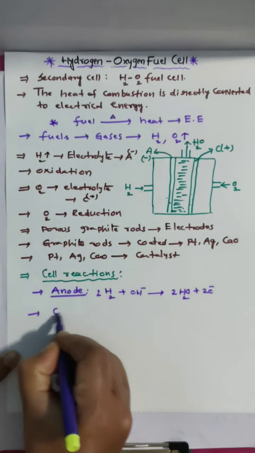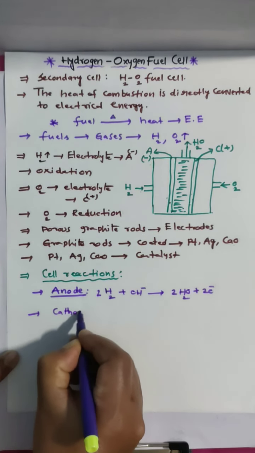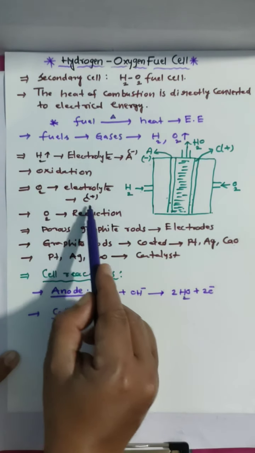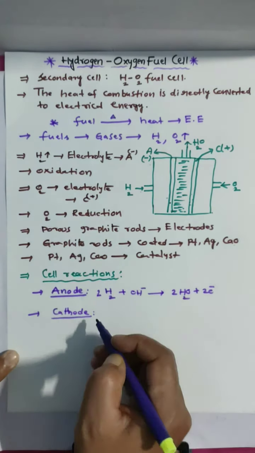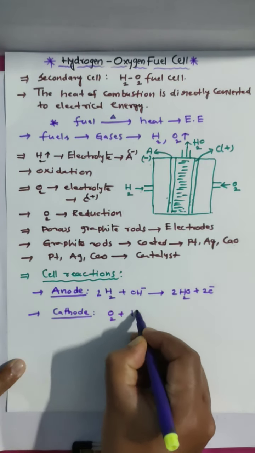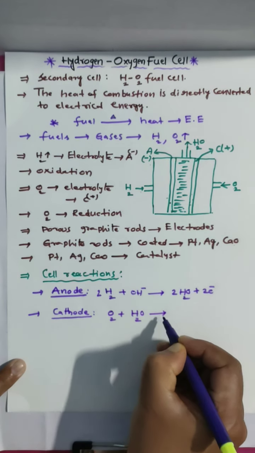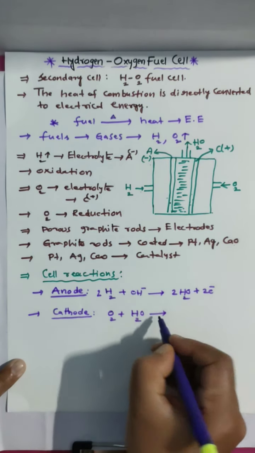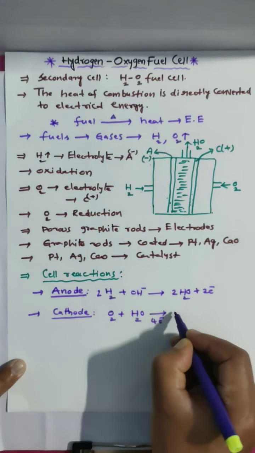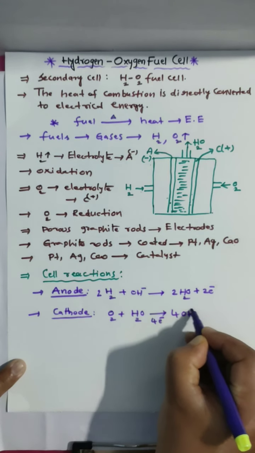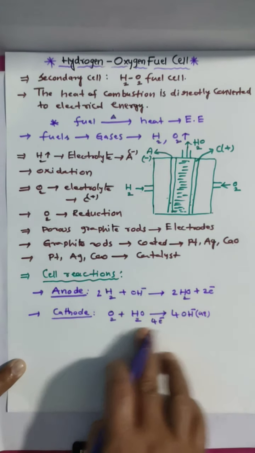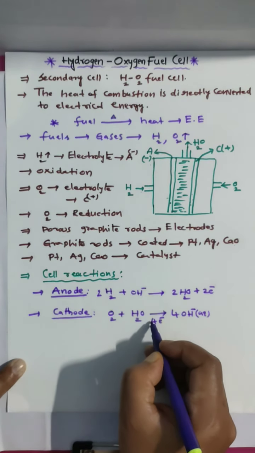Now at the cathode, oxygen undergoes reduction, meaning loss of oxygen. So the oxygen molecule reacts with water molecules, taking 4 electrons, and undergoes reduction to 4 OH minus in aqueous medium.